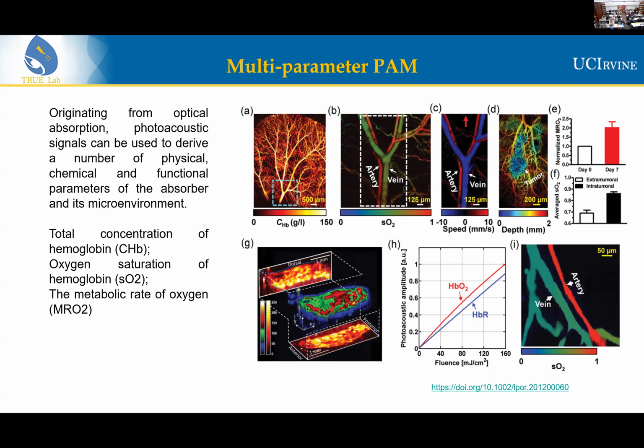And figure G is a different application. That is the imaging of lipid, which could have application in cardiac disease, because plaques in the coronary artery sometimes might rupture, and that depends on how much lipid you have and how thin the fiber cap is.